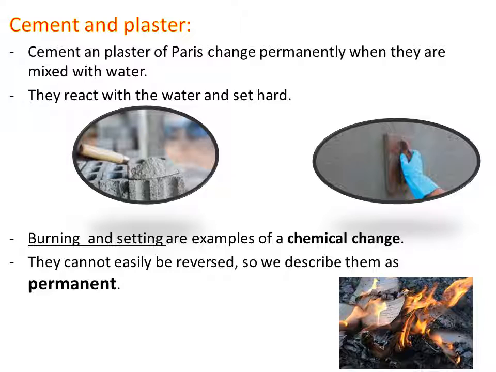If I take it and put some water on it and mix it together, it will change to something hard, right? If I want to get it back to cement, can I do this? No. So this is a permanent change. As I told you, burning and setting are examples of chemical changes. They cannot easily be reversed, so we describe them as permanent.